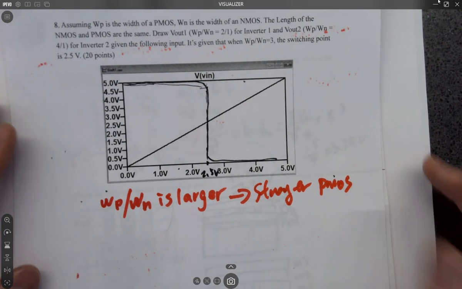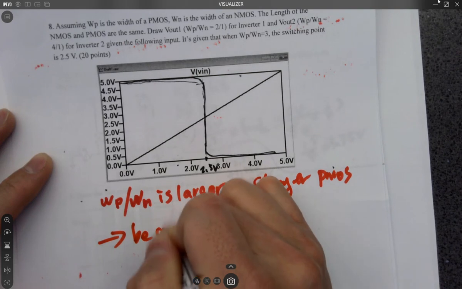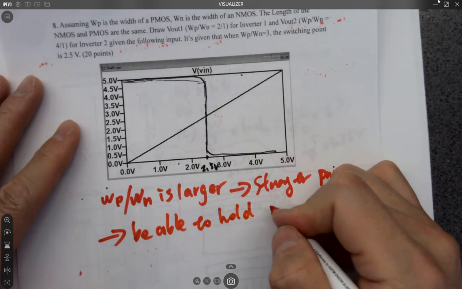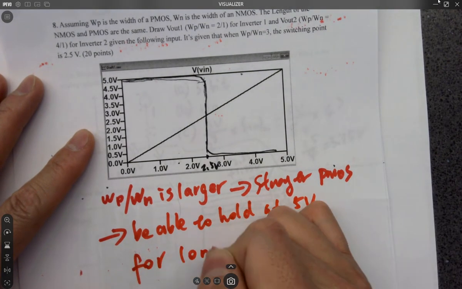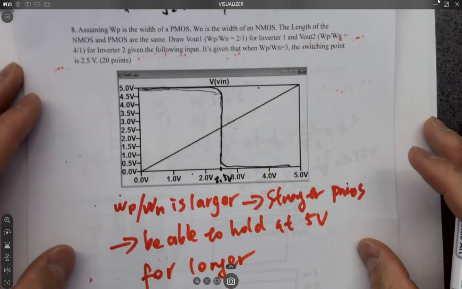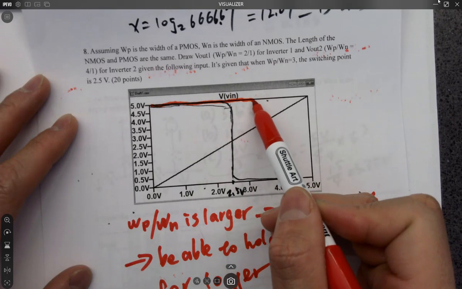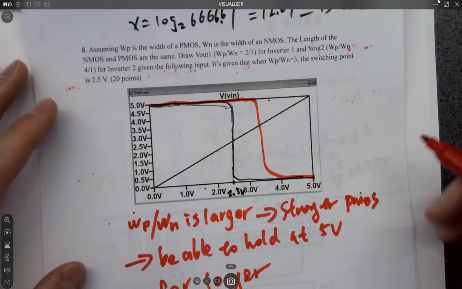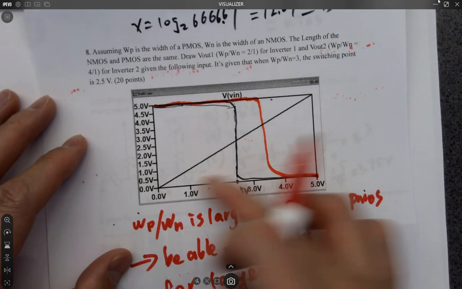It will be able to hold at 5 volts for longer. So that means it's going to hold at voltage high for longer. I know it's not time, but for more input changes.